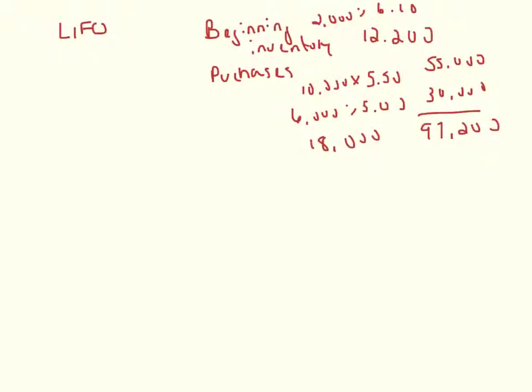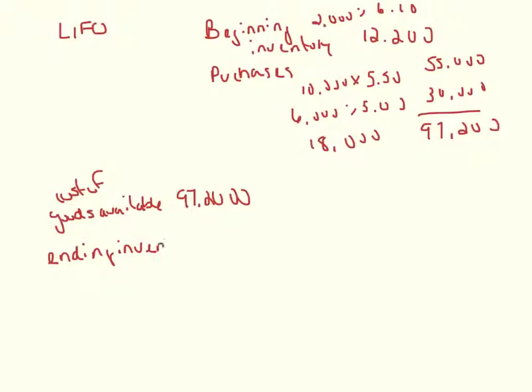Then again, we have to plug in our cost of goods available for sale, the 97,200. Now we're still trying to figure out this ending inventory. So we need to know that in order to figure out our cost of goods sold.